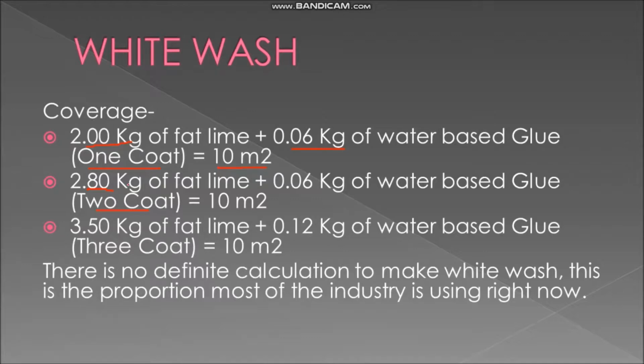And for three coats, 3.5 kg of fat lime and 0.12 kg of water-based glue is required to cover 10 square meter. Actually, there is no definite calculation to make whitewash. There is a proportion most of the industry is using right now.